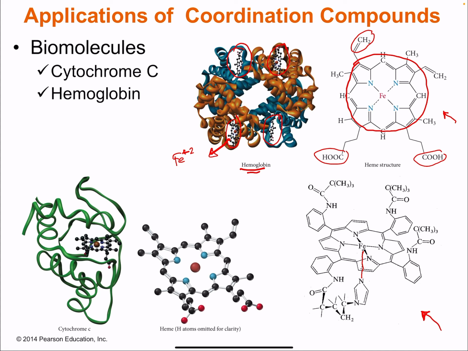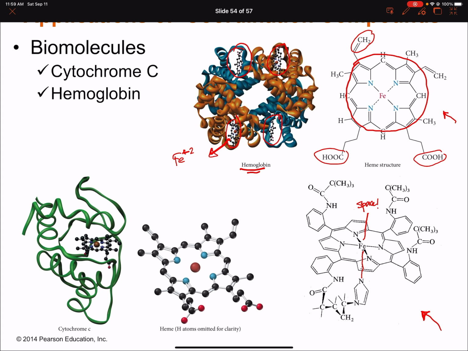And now there is 1 space available here. This is the space for oxygen to bind, and it actually binds in this location right here. You can think of it as the last position of the tetrahedral.